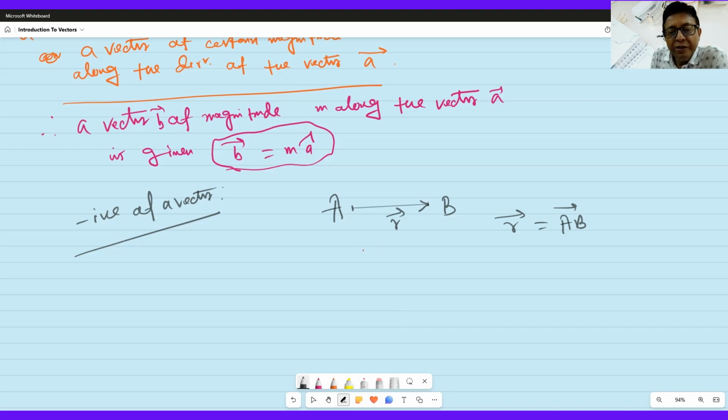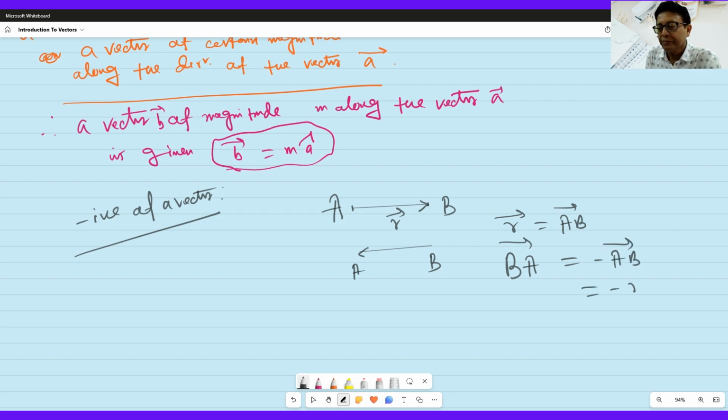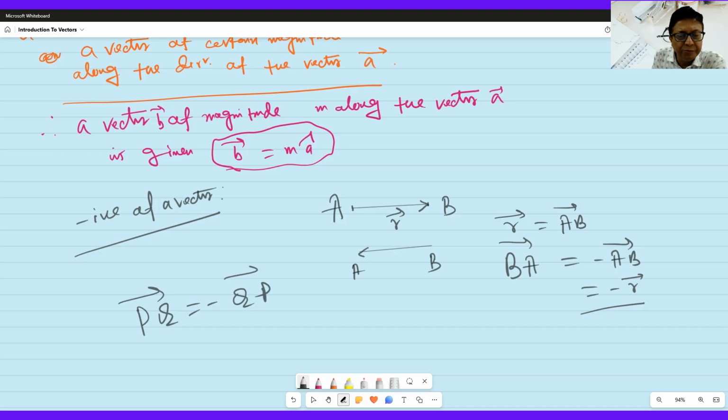If I draw the same vector but the direction this time just opposite, directed from B to A, then BA vector is going to be minus of AB. It is given by minus R. Clear? So we can write a vector PQ equal to minus of QP. Clear? Understood?